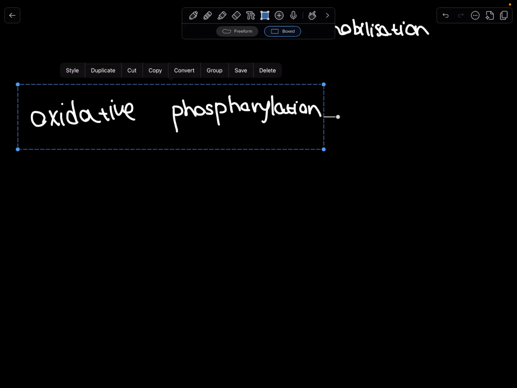And this is the committed step. We also call these up to now priming reactions because ATP goes to ADP. And then we have aldolase turning them to G3P, glyceraldehyde 3-phosphate, and DHAP, dihydroxyacetone phosphate. And isomerase is kind of the place between these two.